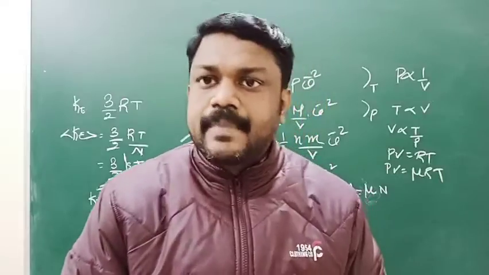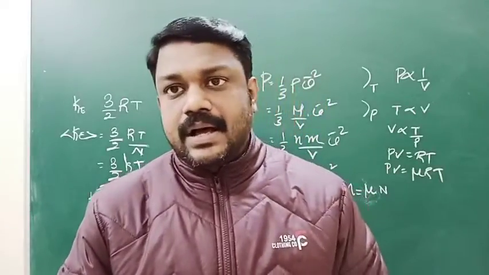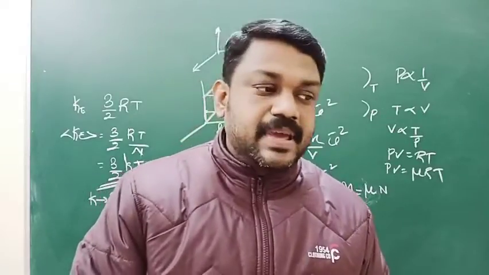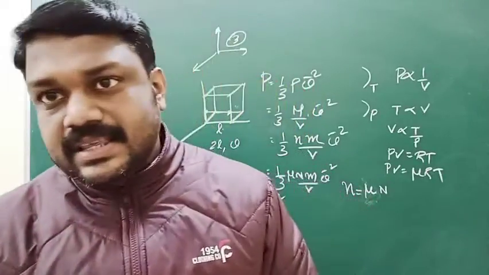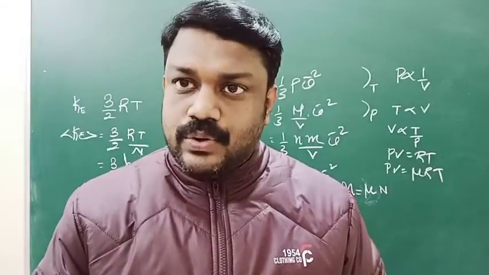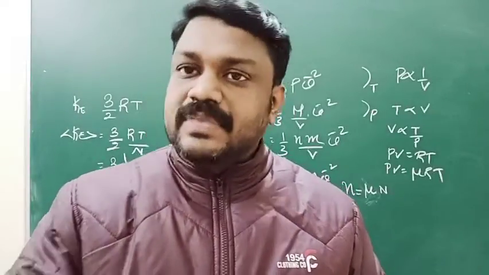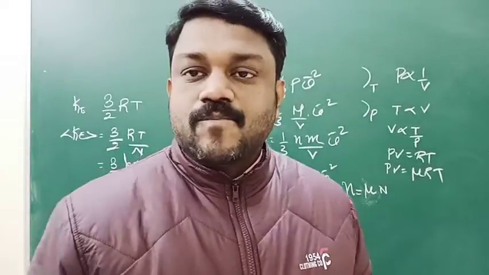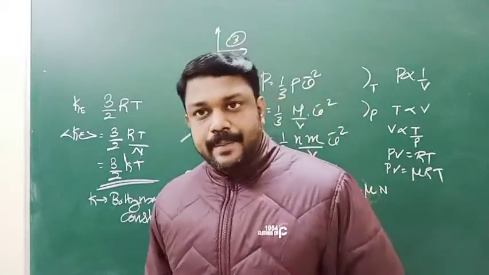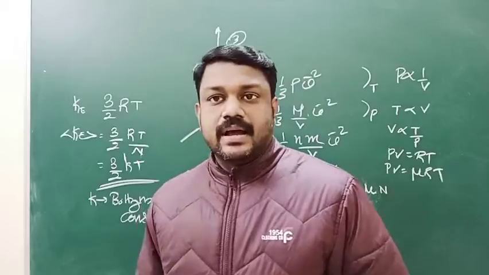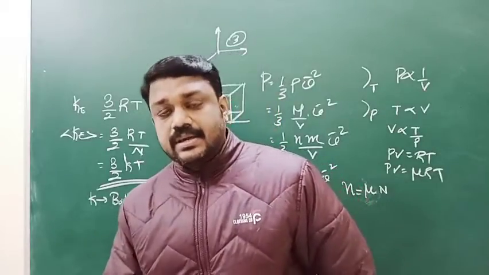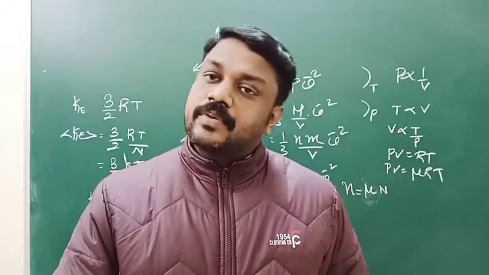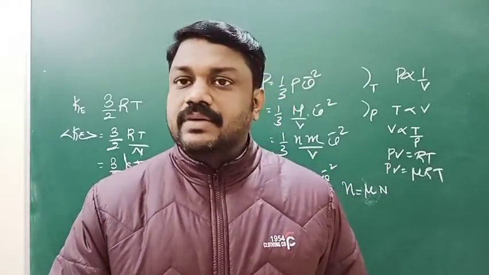Using degree of freedom, you can define the value of gamma. Gamma is Cp by Cv, and Cp is equal to Cv plus R. So from these, you can calculate the value of gamma. If in a question gamma is not given, but a diatomic or triatomic molecule is given, then you can easily calculate gamma.